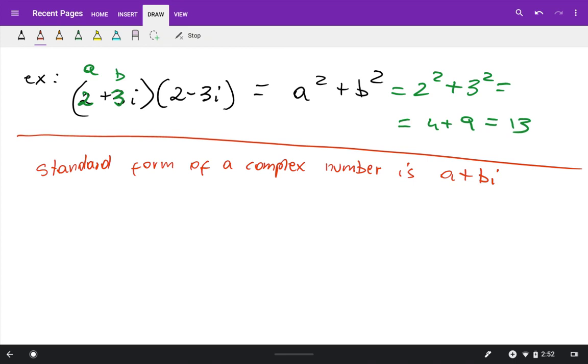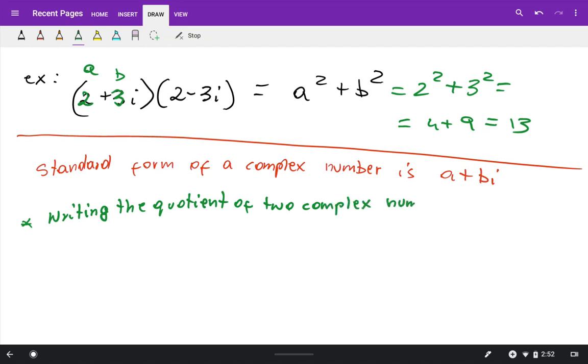So next we're going to focus on, this is important, writing the quotient of two complex numbers in standard form.